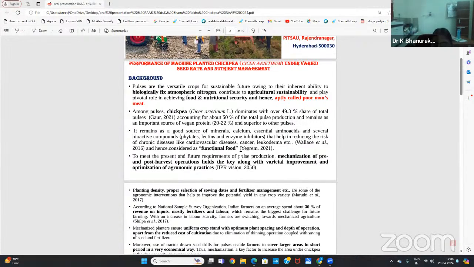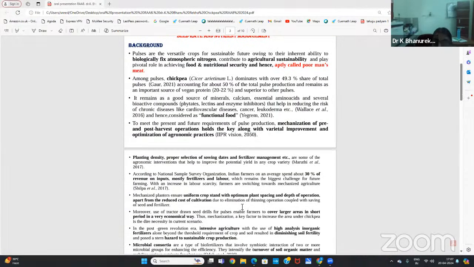When we switch over to mechanized sowing, the first and foremost thing is to standardize the population or seed rate required, and accordingly the fertilizer management is also very important. These two hold a prime position in the agronomic practices, and we have taken this as the base of our study.